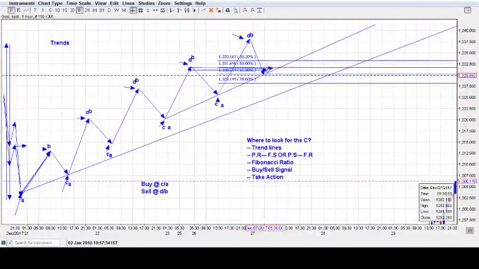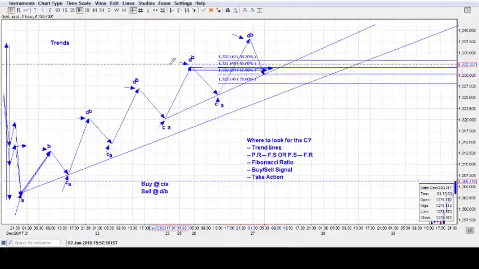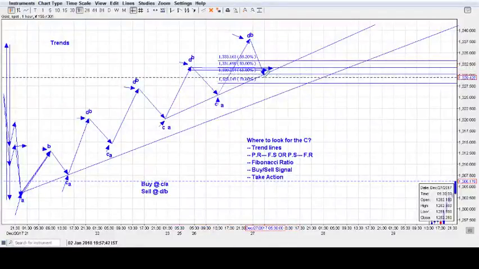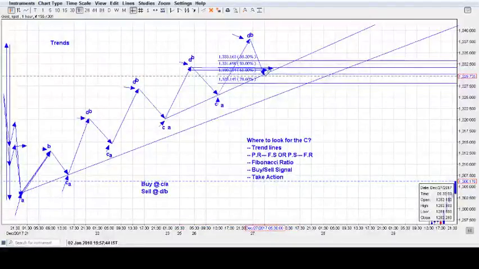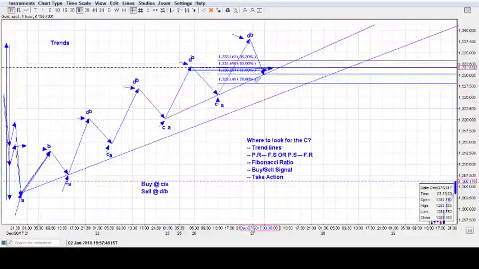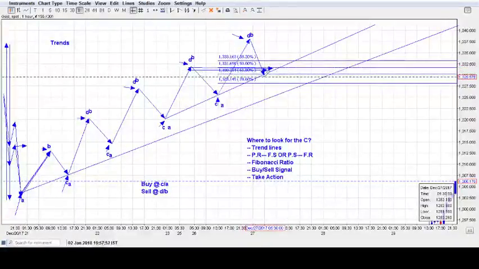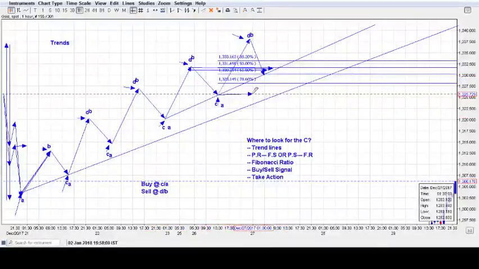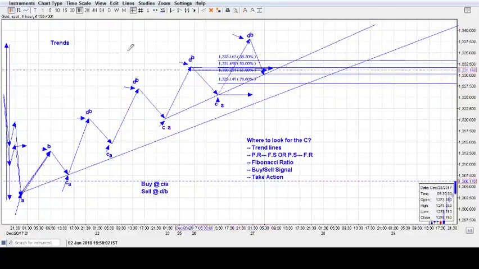So if you just imagine prices dropping lower and touching the 61.8%, there is a convergence of a trend line, and then there's a Fibonacci ratio and the past resistance becoming future support as well. Just wait for a signal here, and you're ready to go. Have your stop loss placed just below the past support. There goes your stop loss.